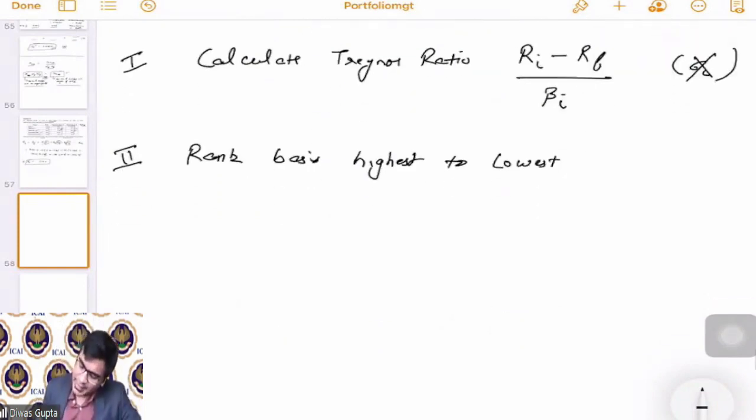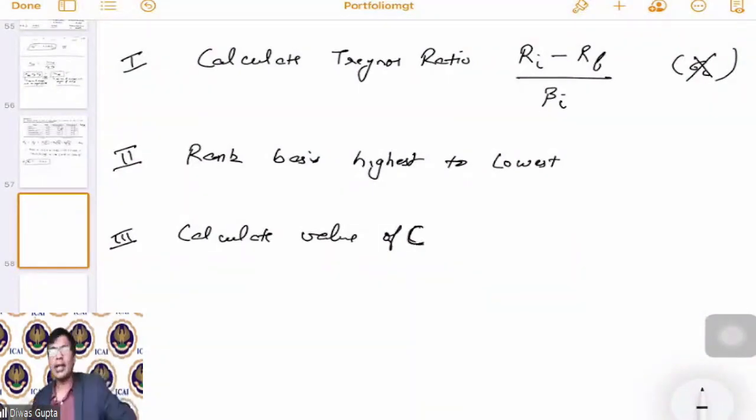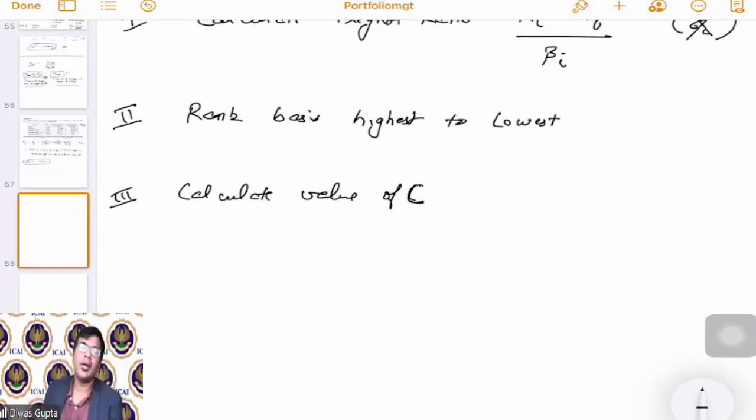Then the third part says calculate the value of C. Now C is a calculation that has a very complex formula. Okay, we don't have any other option apart from remembering this. Every time we cannot remember it through the derivation or through any other thing.